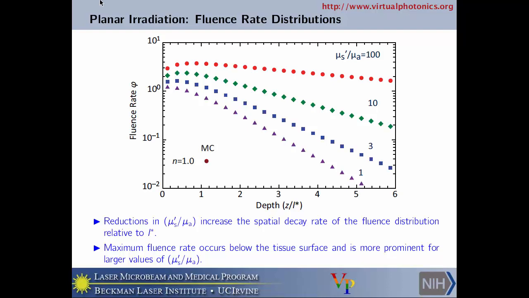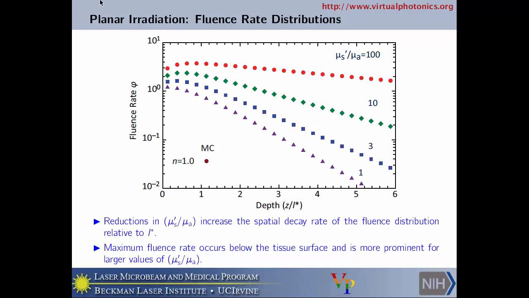You see a couple of features here. Far away from the surface, you have an increased spatial decay as you increase absorption. That makes sense because mu effective, which is the spatial decay of that light at large distances due to the equation, will increase as your absorption increases.